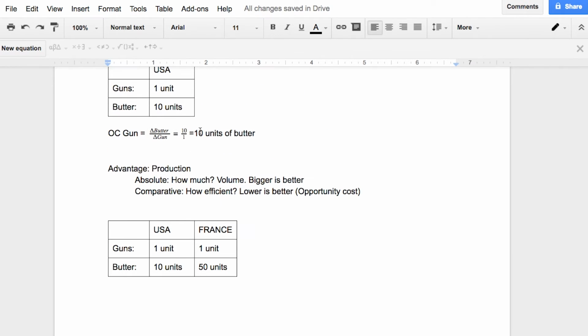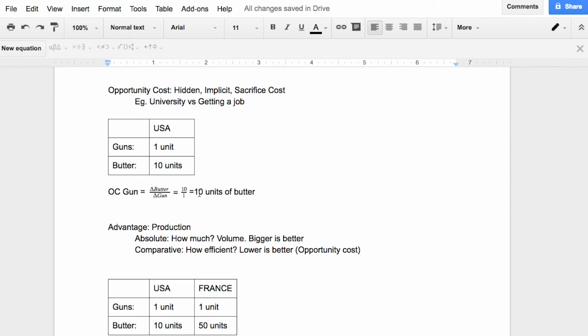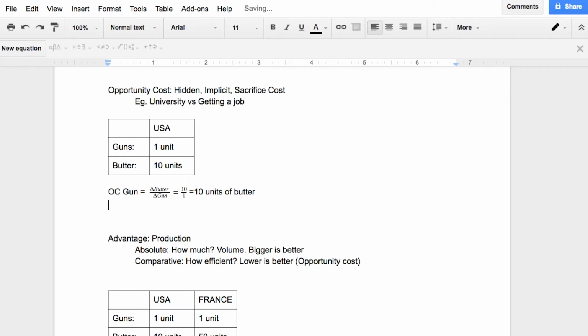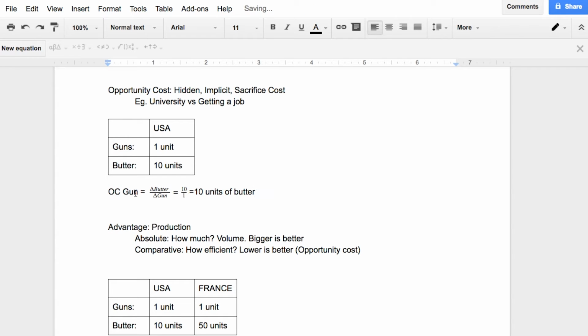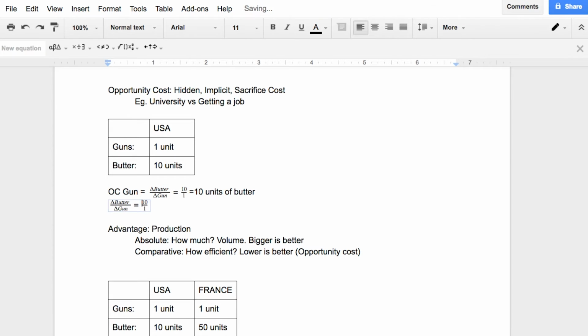So now we have these pretty basic ideas, right? Oh, quickly, before we go back to that, because this is going to apply later, for opportunity cost, if you take the reciprocal of this, you can find the opportunity cost of the opposite. So let's copy and paste this quickly over here, and put it down here. And instead say OC of gun. We're just going to demonstrate it, but trust me, if we say opportunity cost of butter instead, then we flip these around, right?